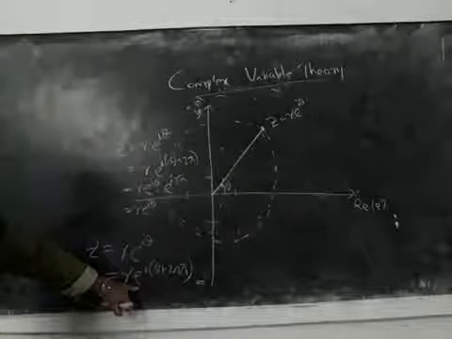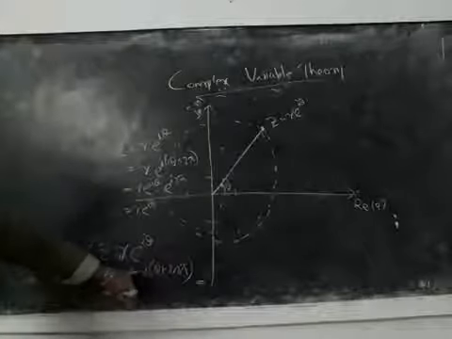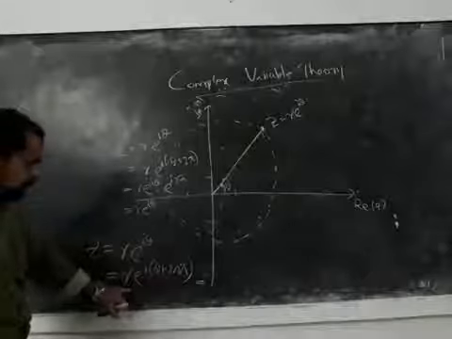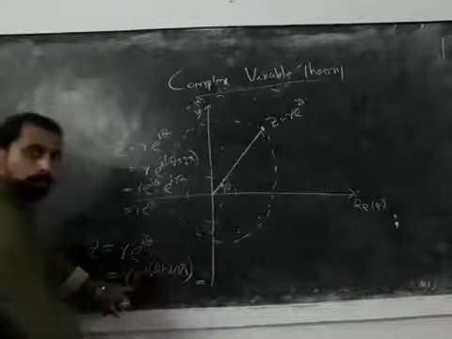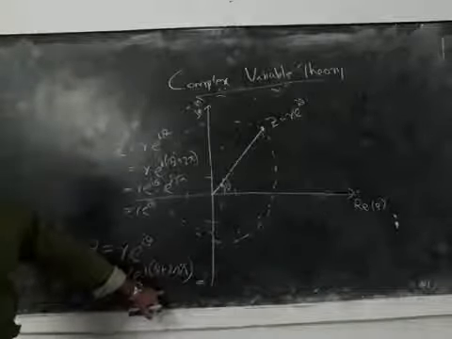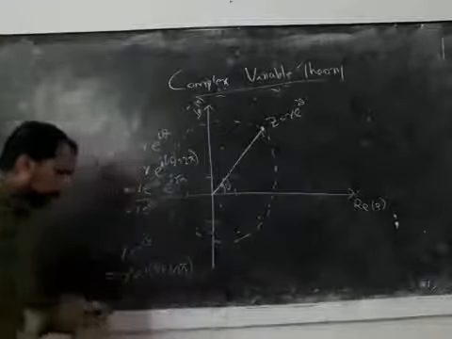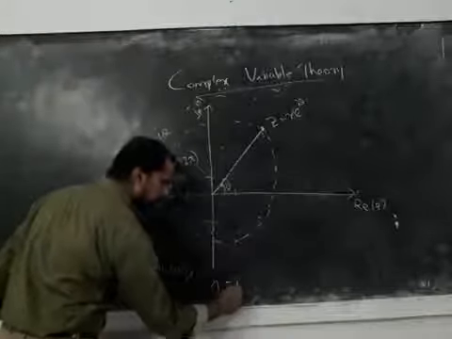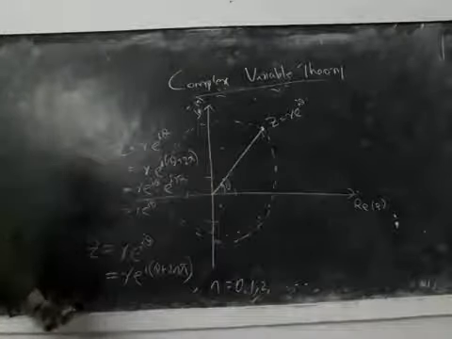Here you have two things: r e raised to I theta into e raised to I 2n pi. Here n is equal to 0, 1, 2, etc. This will go like that.